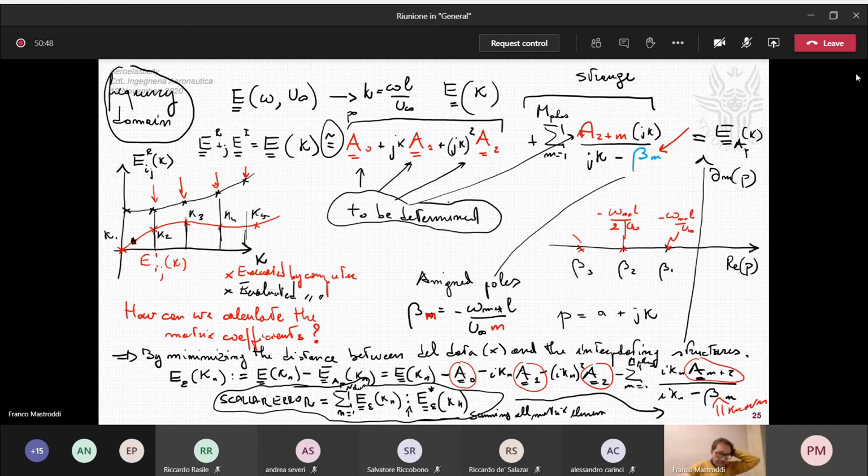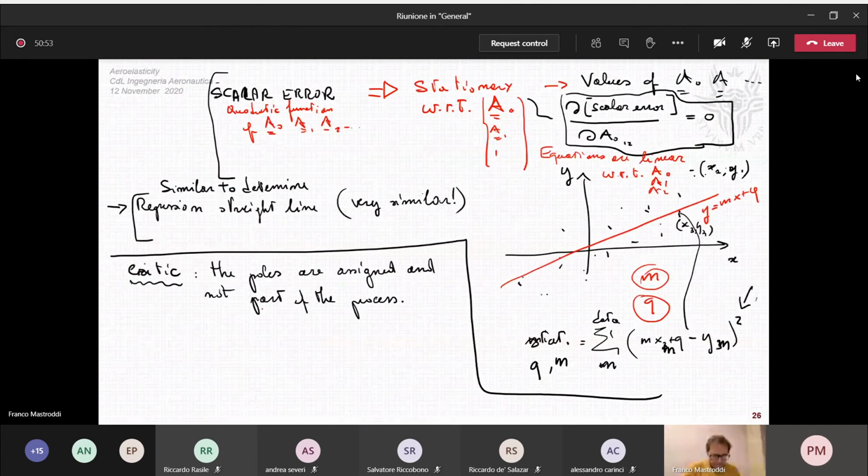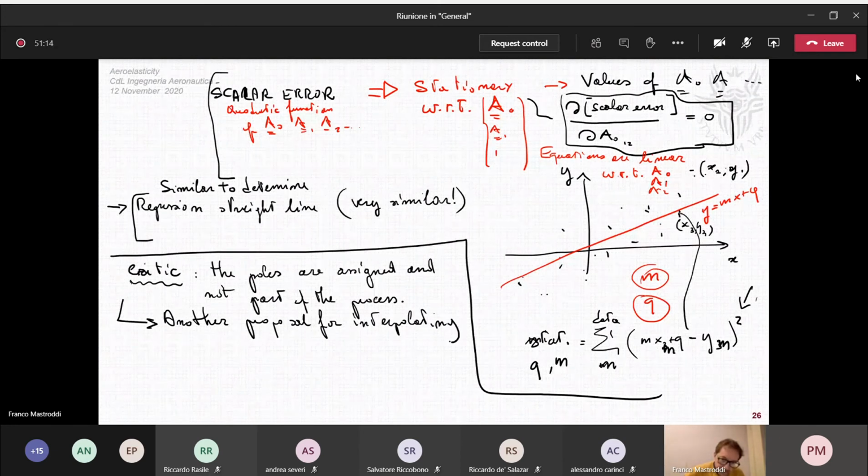So after these criticisms, we have another proposal for an interpolating structure. It is the following.